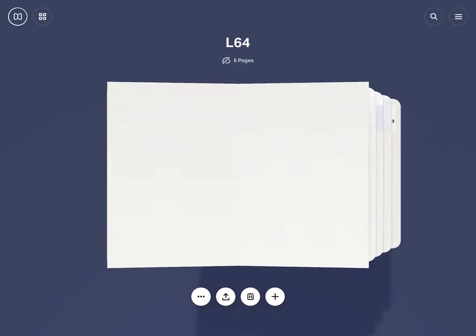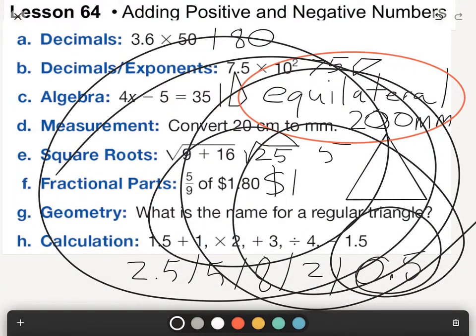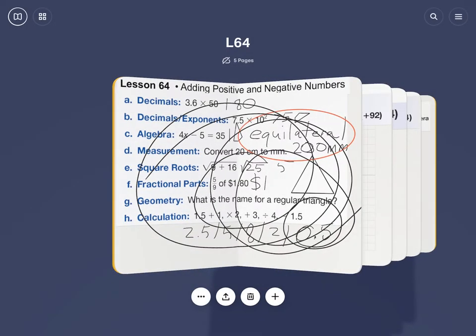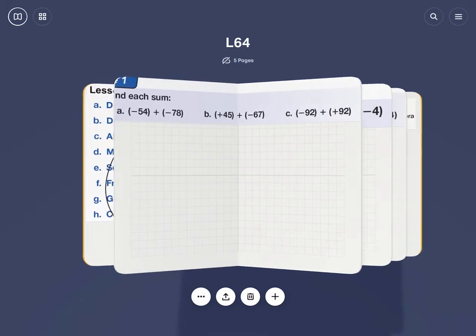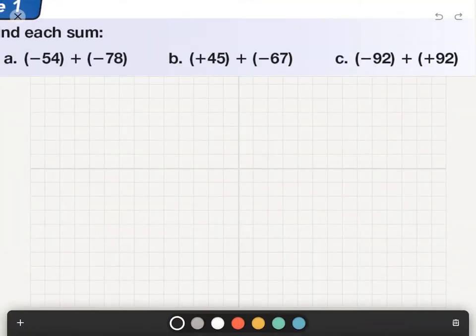Okay, so today's lesson, I guess we'll go back to here, is adding positive and negative numbers. I think this is pretty reviewy. I'm going to show some of these using a number line, though you don't really need to.